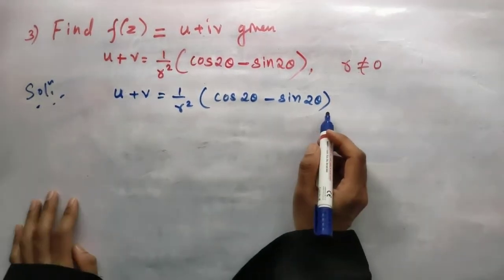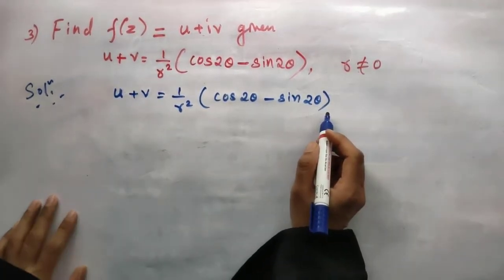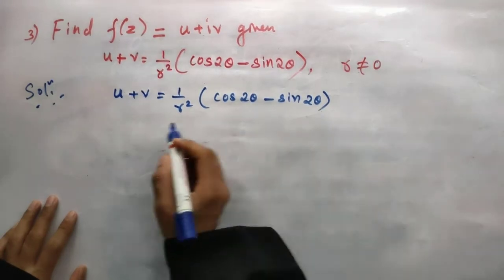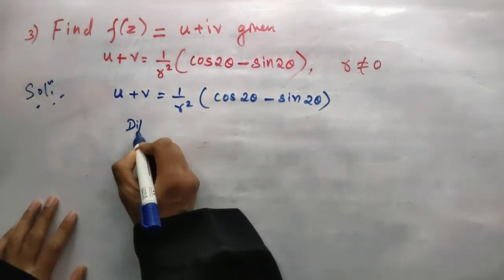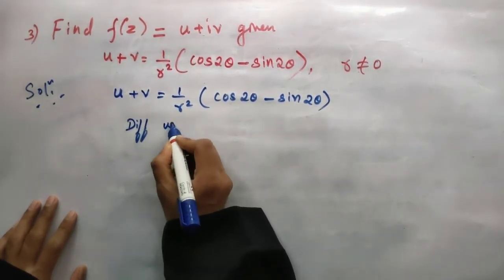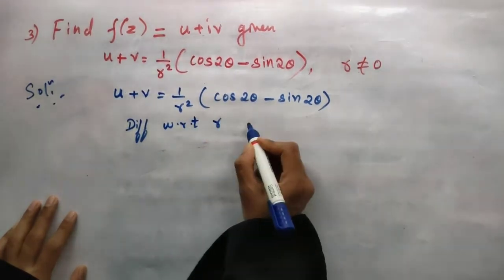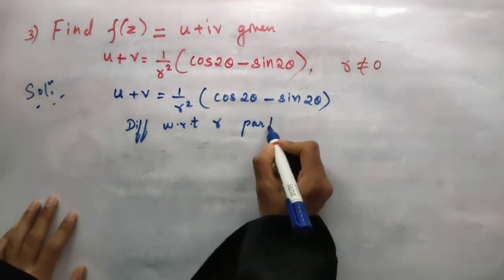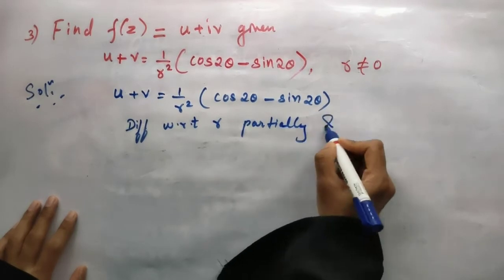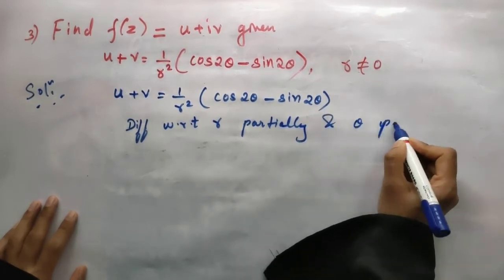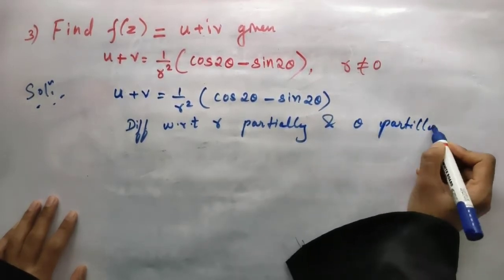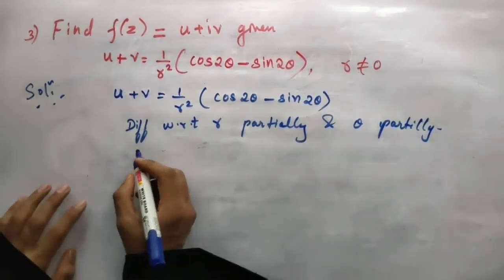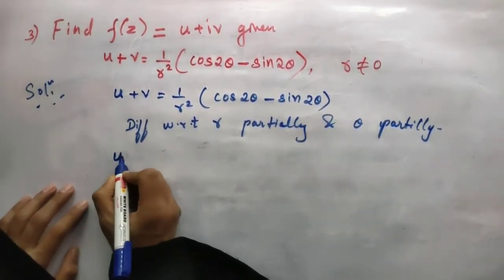Let us differentiate the given equation with respect to r and theta partially. With respect to r first, partially, and later theta partially. So what is the derivative of u with respect to r partially?